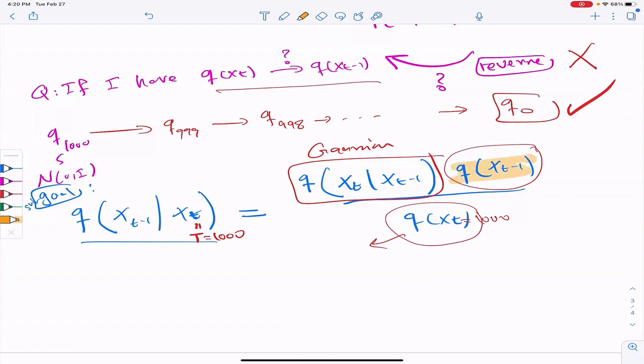Do I know that guy? How do you know? Gaussian with what? What is the mean? Because for, let's say, 1000, this is just a normal distribution. And for this one, I exactly know the mean and the covariance. But what about this term?